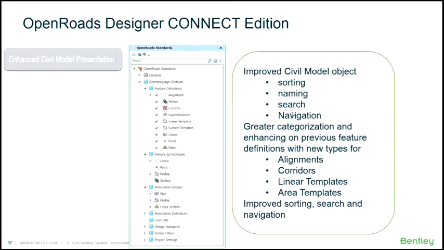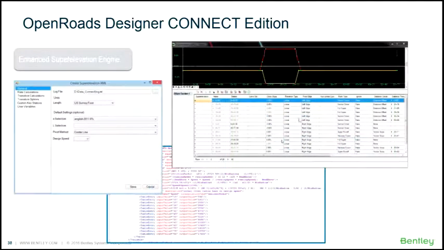We have a new super elevation engine. We did release this in the V8i products as a tech preview, but that's been carried forward and improved in the Connect Edition. So now each organization has complete control over their super elevation rules through an XML file.